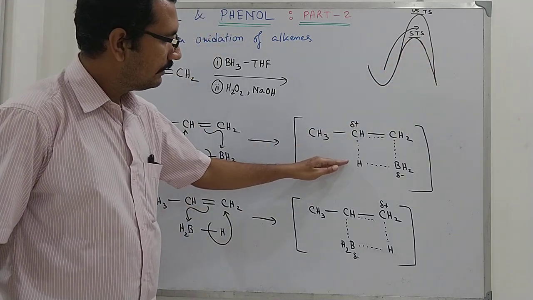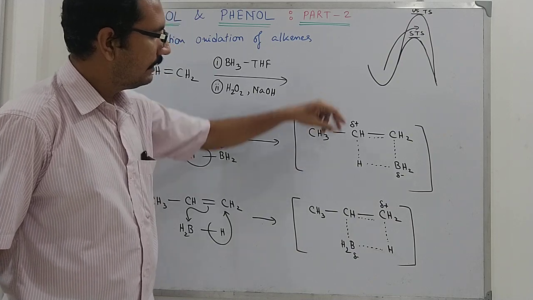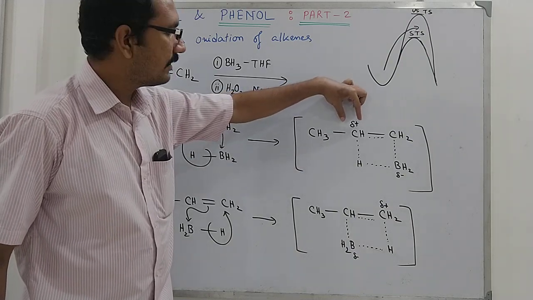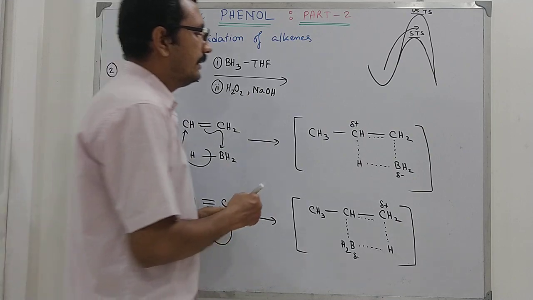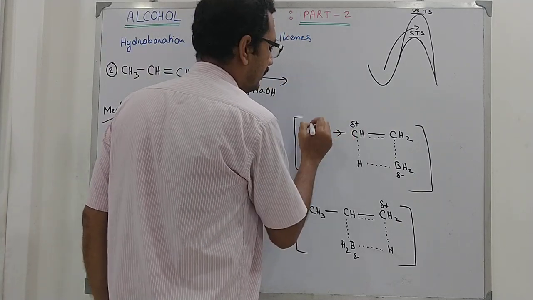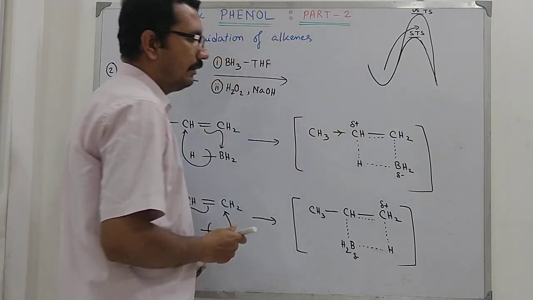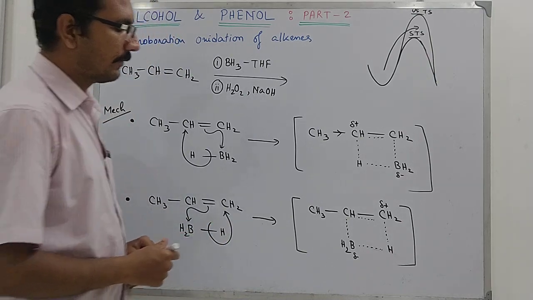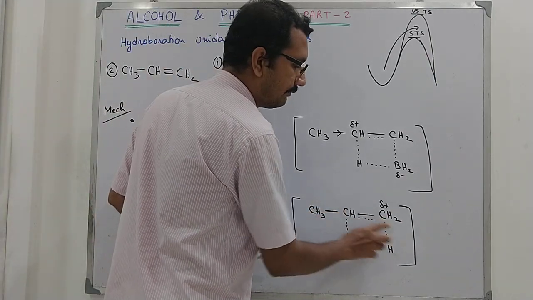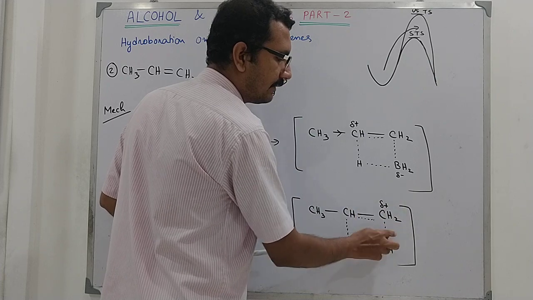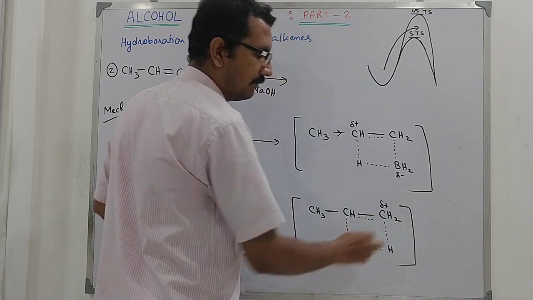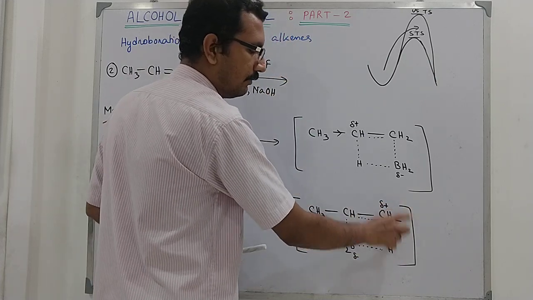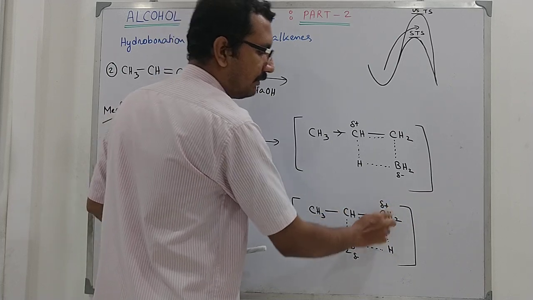Now see, here we have this delta plus, that is the partial positive charge, to be neutralized by the plus I effect of this adjacent methyl group, but it is not getting neutralized by any adjacent group here, since there is no methyl group here, no groups with plus I effect attached to this carbon.